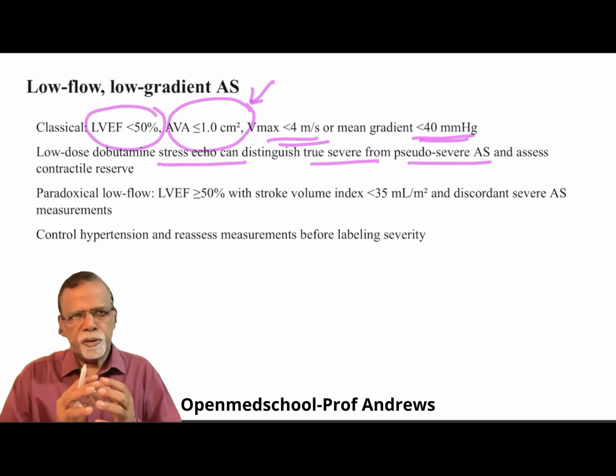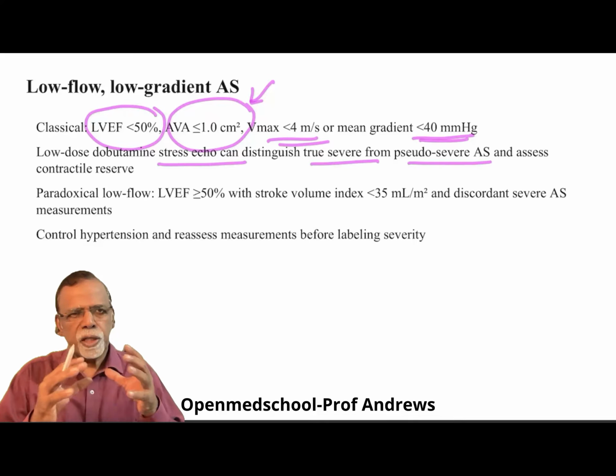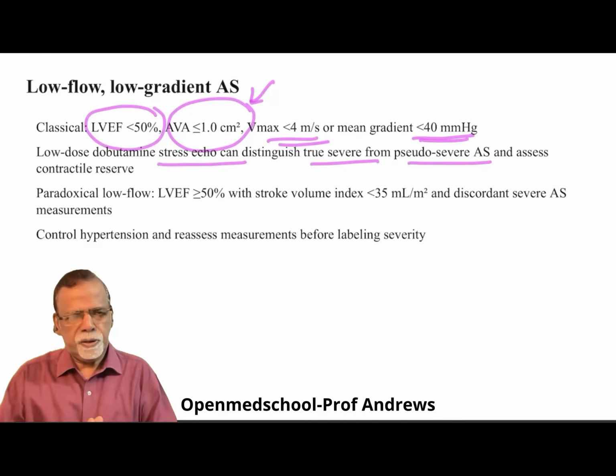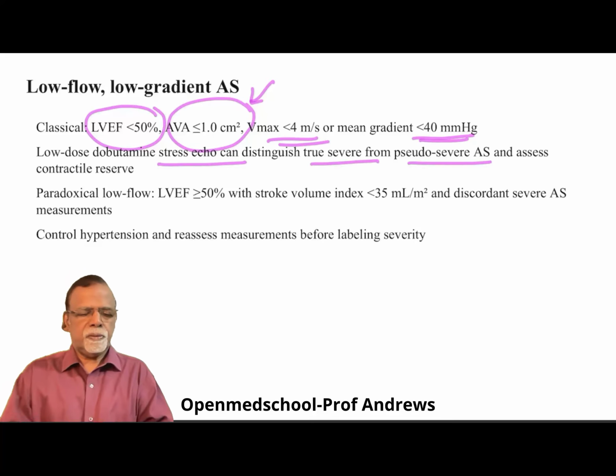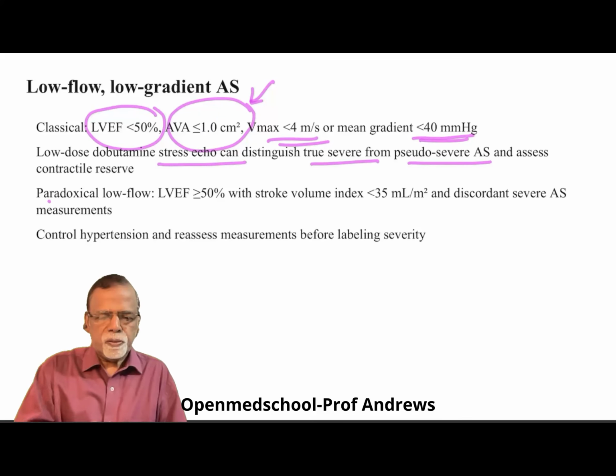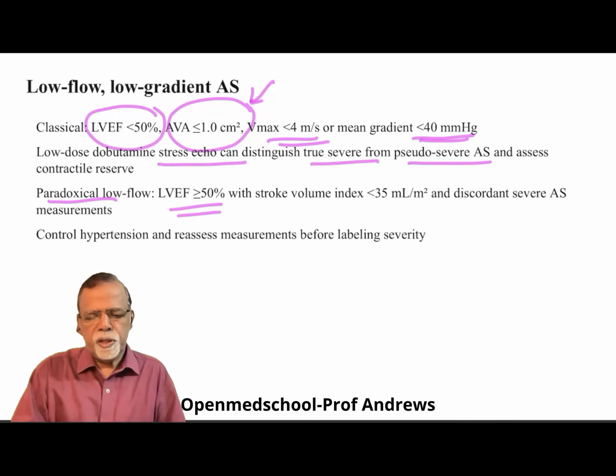When the dobutamine is given, contractility increases. If it is actual severe aortic stenosis, the valve area will not increase, but the gradient will increase. Whereas if it is pseudo severe AS, what will happen? When the pressure increases, the valve area naturally will increase and the gradient will not increase. Now the paradoxical low flow: the ejection fraction is more than 50.